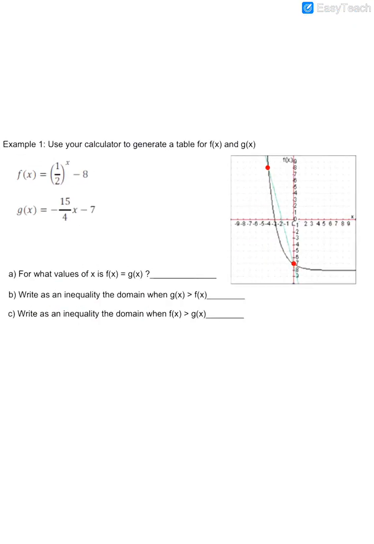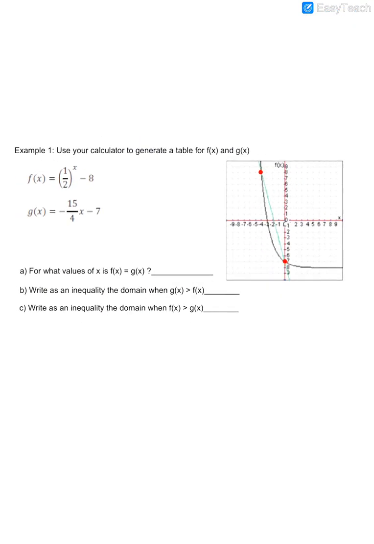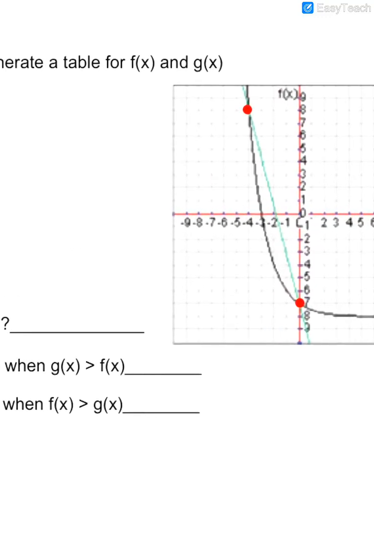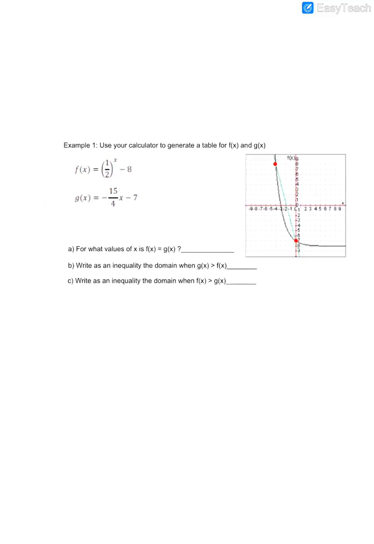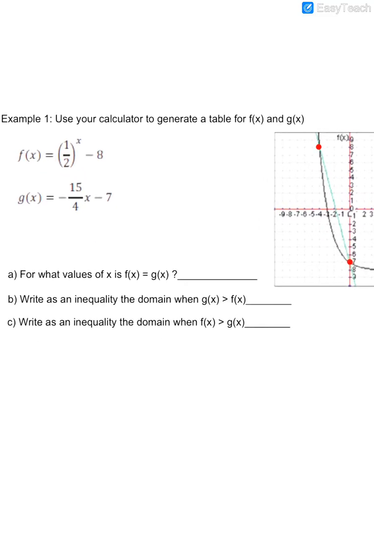All right, number 1, use your calculator to generate a table for f of x and g of x. And then, so this is graphed for you, which is kind of cool. So we're going to plug this in, and we're going to just generate the table like it says.